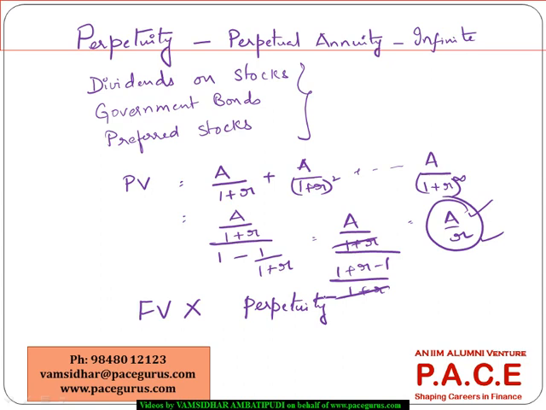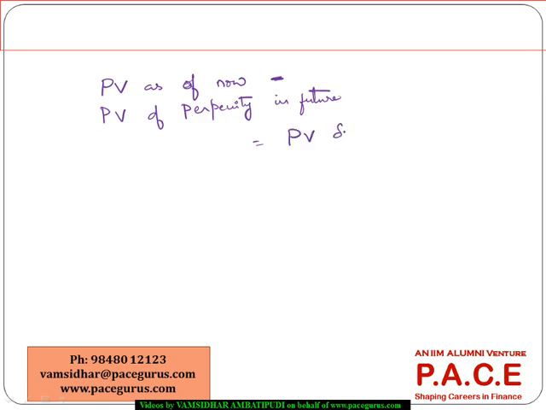And one more thing, if I am looking at a perpetuity, which is the present value as of now, or the present value of a perpetuity 4 years from now, or some X period in the future. The difference between the present values of these two is the same as the present value of an ordinary annuity for that much period. Again, one more relationship.